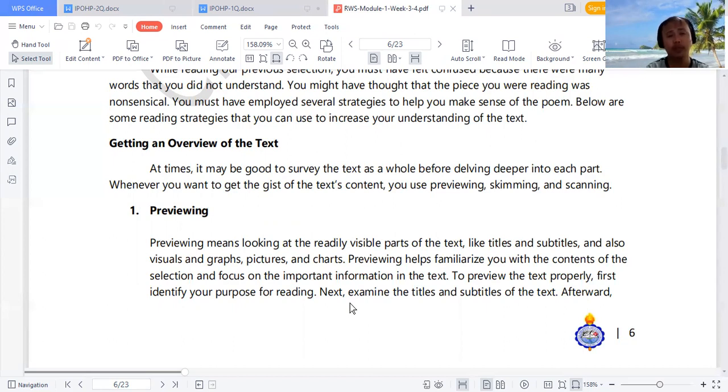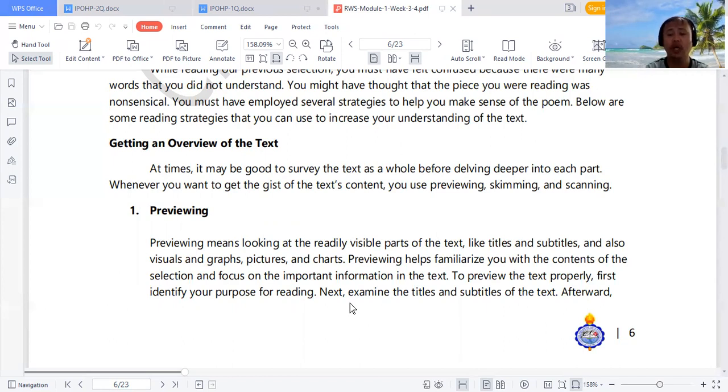So that is previewing. It means looking at the readily visible parts of the text, like titles and subtitles, and also visuals, graphs, pictures, and charts. It helps familiarize you with the contents of the selection and focus on the important information in the text.